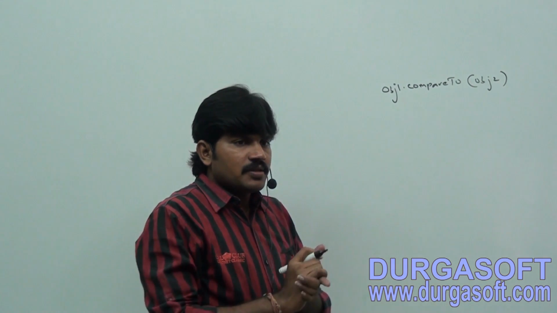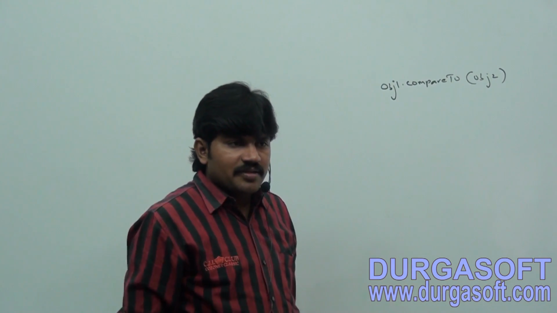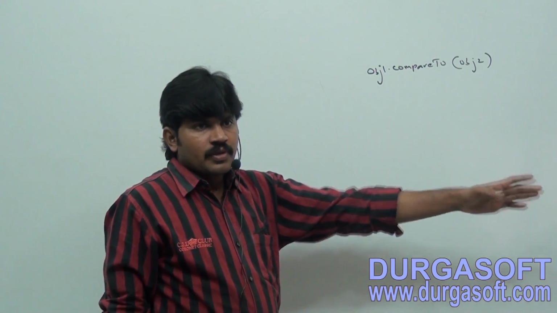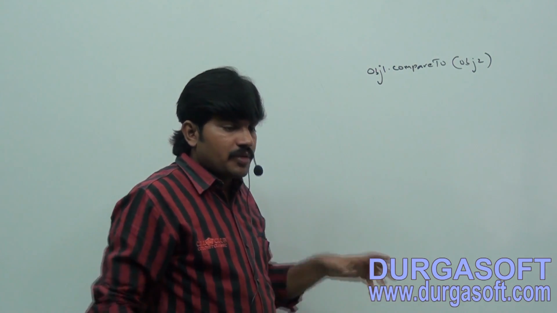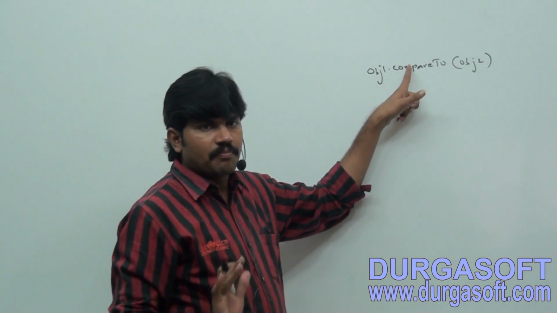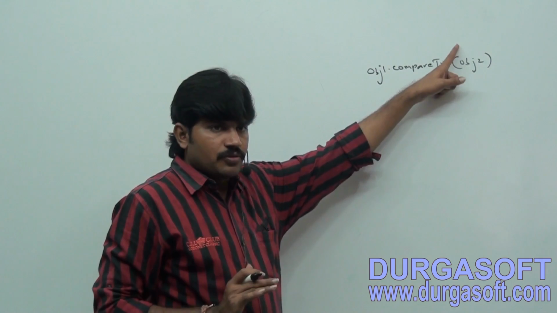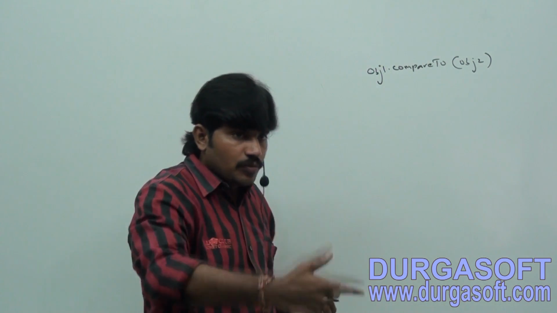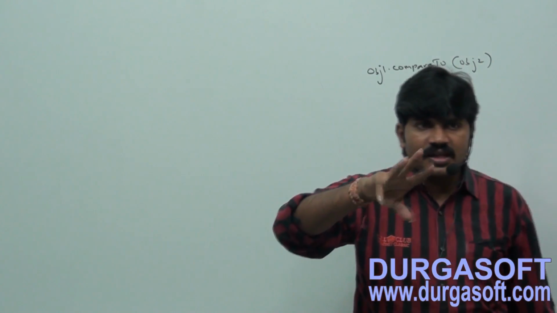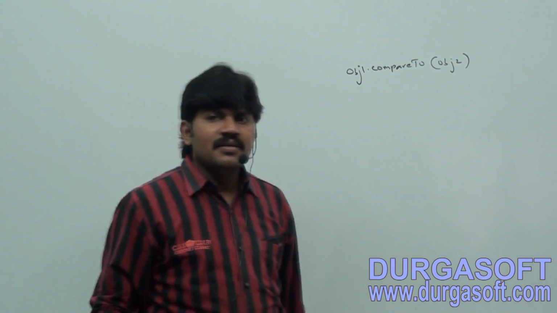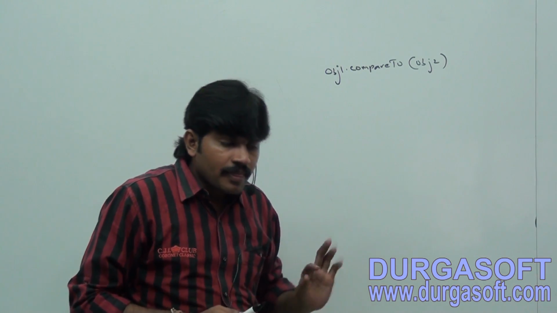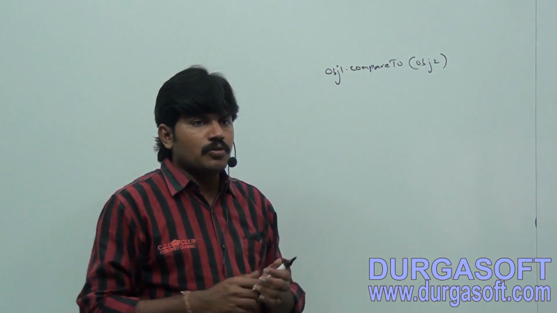If I compare two objects, how many possible results are there? obj1 can come before obj2, or obj1 can come after obj2, or obj1 and obj2 may be equal. So there are 3 results.